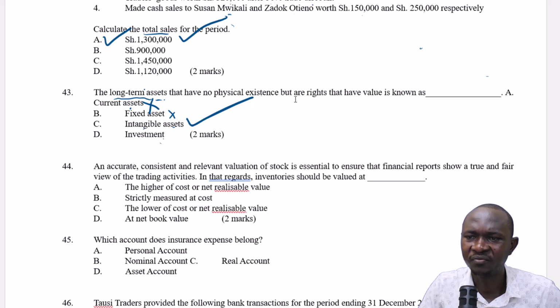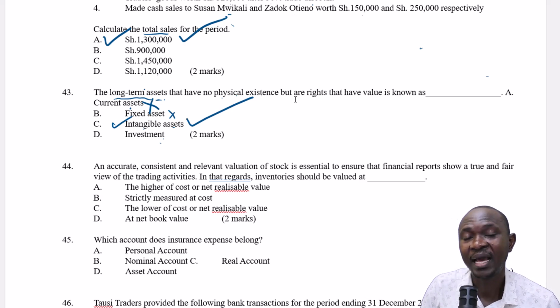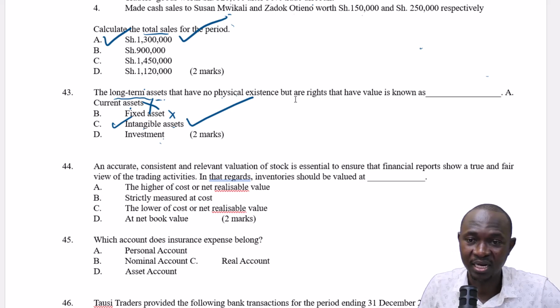Investment can have physical existence. So the answer is C, which is intangible assets. And actually fixed assets are long-term assets that are tangible. And investments could also be, it depends on the nature of the investment.